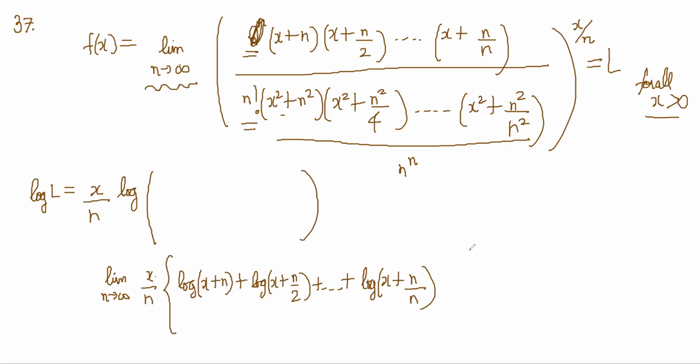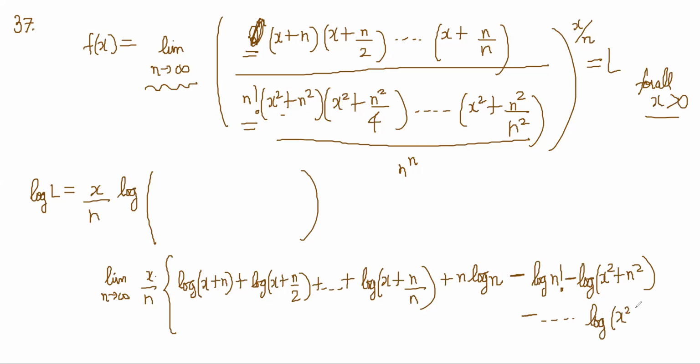And there is an n power n, so log n, minus log n factorial, minus log of x square plus n square, minus so on, log of x square plus n square by n square.